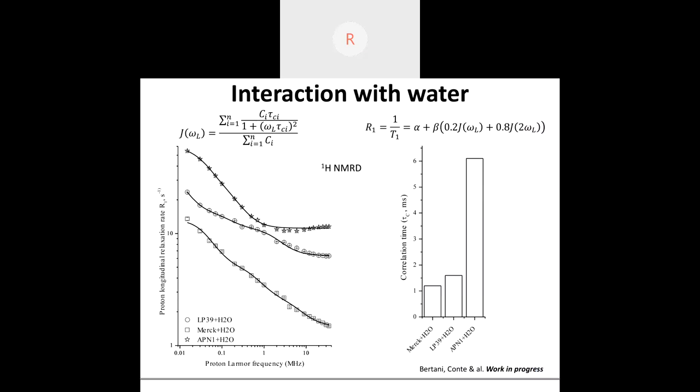But the nice conclusion, at least at the moment, is that while we can use the biochar LP39 to remediate organic pollution, at least fluorinated organic pollution, we can use the homemade biochar to remediate polar pollutants. So among these three biochars, we have two that can be used for different purposes.